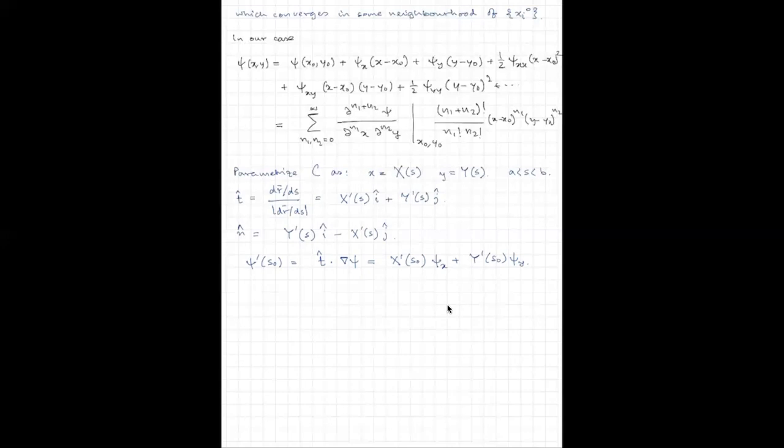And the knowledge of del psi del n at x naught y naught allows us to evaluate another independent linear combination of the first order derivatives. So del psi del n is given by y prime s naught psi x minus x prime s naught psi y.